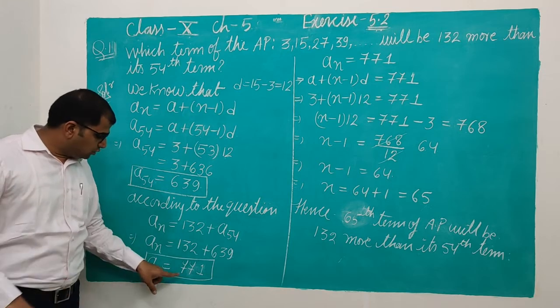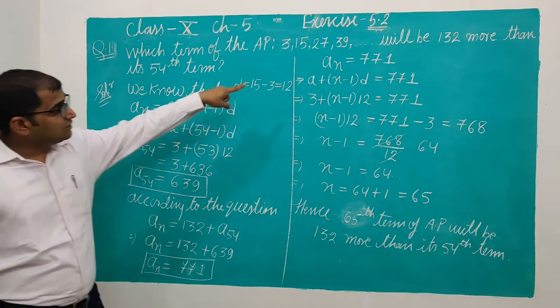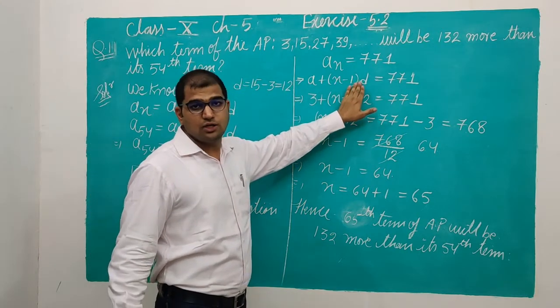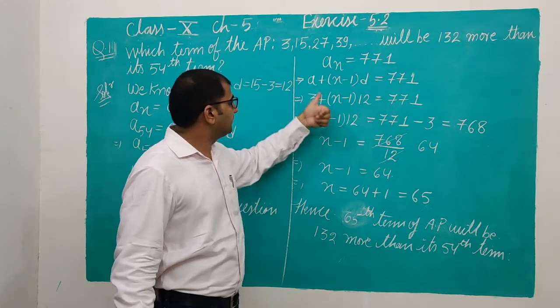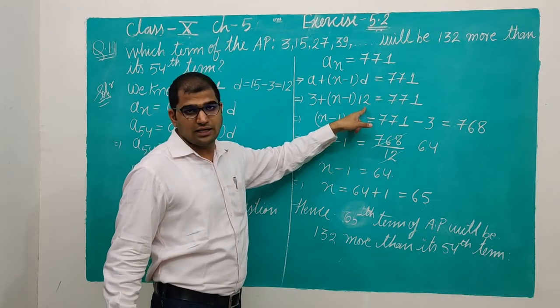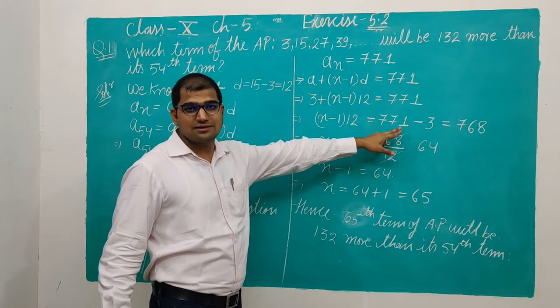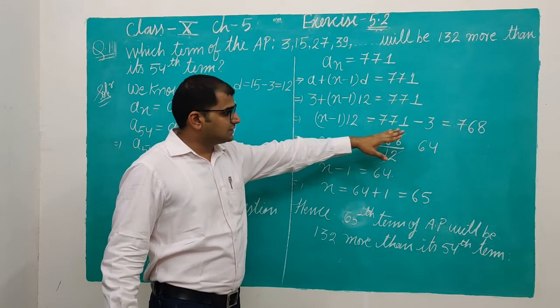तो we put the value of an, again is their formula, that is an equals to a plus n minus 1 into d equals to 771. Put the value of a in this, n minus 1, d value is 12, then 771, transpose 3 to that side, then we get that is 768.